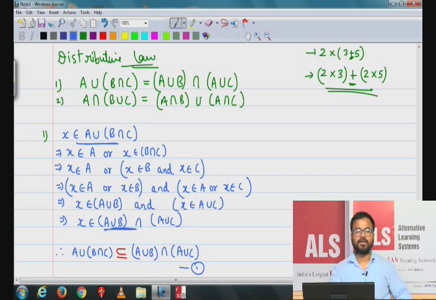In the same way, we can take element x belongs to (A union B) intersection (A union C).